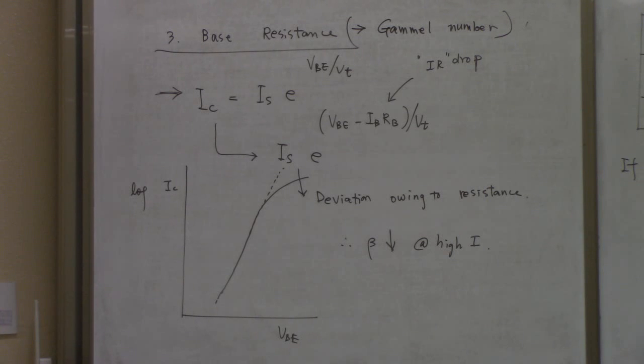So we have to optimize the doping level of the base and the collector. Well, that sums up the functions we have discussed about the beta.